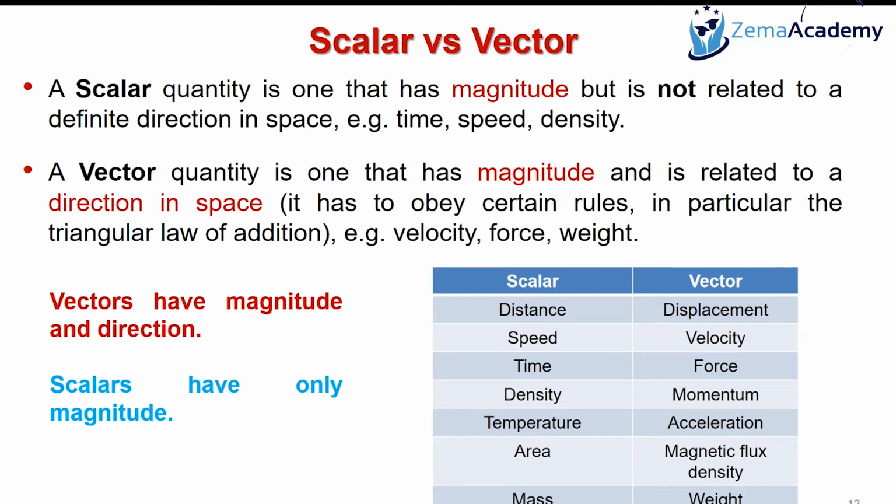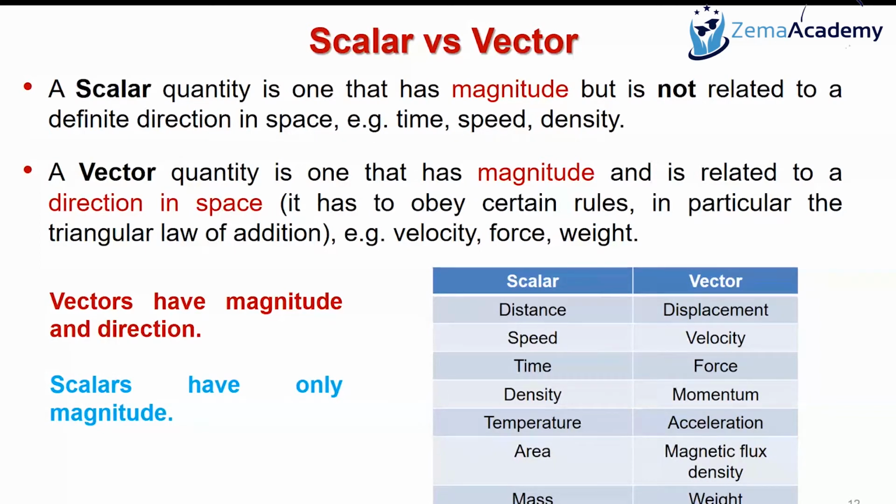In terms of unit, speed has a unit of meters per second, and velocity has a unit of meters per second. The only thing that differentiates speed, which is a scalar quantity, from velocity, which is a vector quantity, is the direction. When you are defining velocity, you are stating in which direction the object is moving.